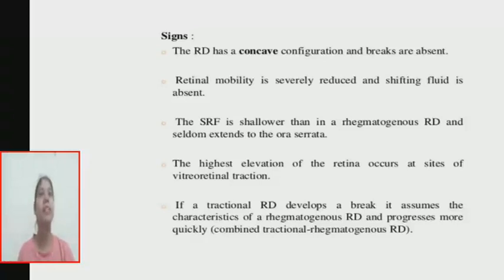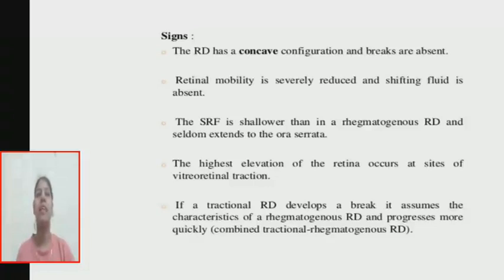The highest elevation of the retina occurs at the site of vitreoretinal traction. If a tractional retinal detachment develops a break, it assumes the characteristics of a rhegmatogenous retinal detachment and progresses more quickly.